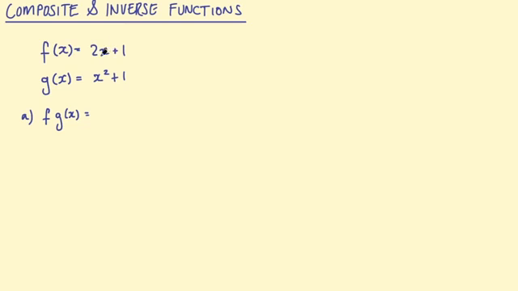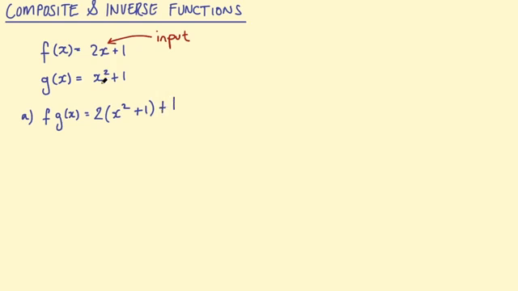Now remember this x in this function is the input. And so if I'm saying the input is another function, I need to put that function x squared plus 1 into the space where the input needs to go. So this is going to look like 2 times x squared plus 1, and then I have that plus 1 on the end.